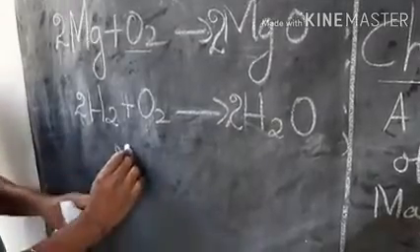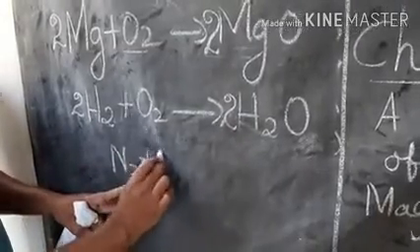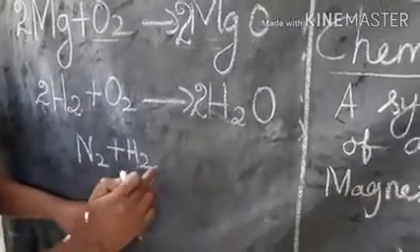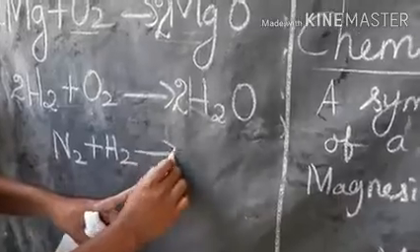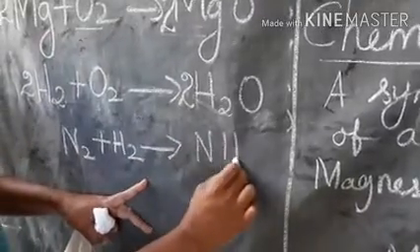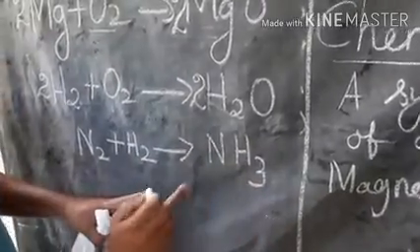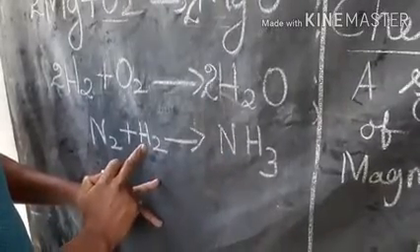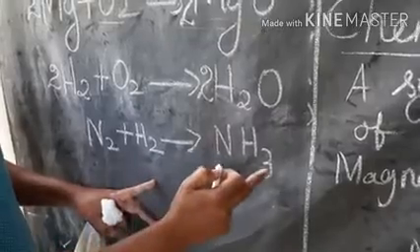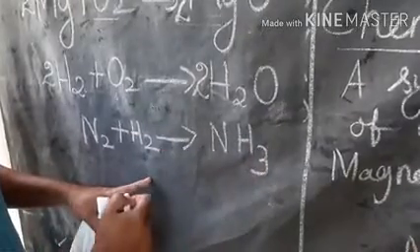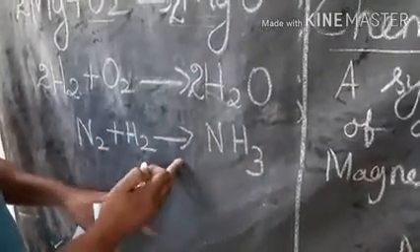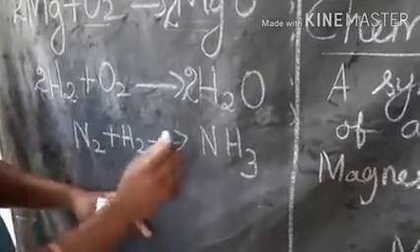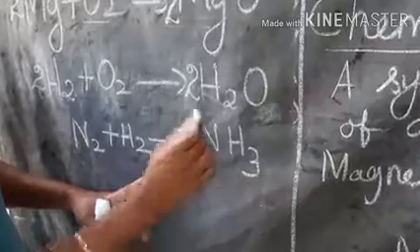Now another one I am writing. N2 plus H2. N2 is nitrogen, H2 is hydrogen, and it forms ammonia. It is NH3. Look here, nitrogen 2, nitrogen 1. This side less. And here hydrogen is 2, here hydrogen is 3, that side more. So what shall we do? Let us try with nitrogen first. Nitrogen this side 2, so you put 2 on the other side.